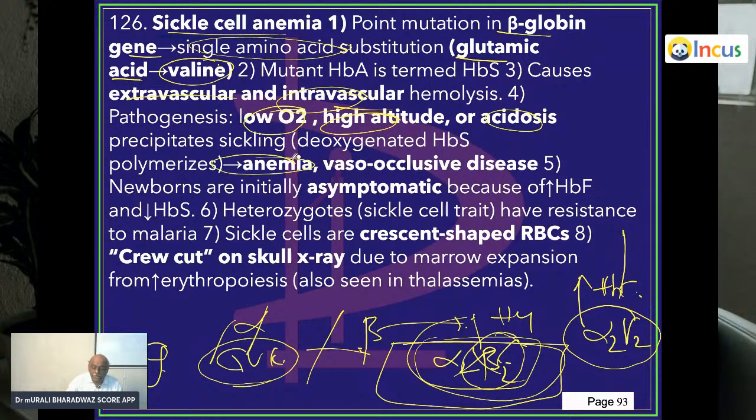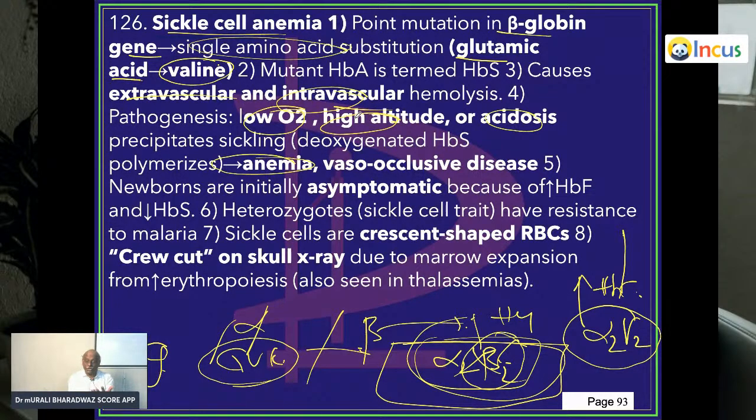And typically the deoxygenated sickle hemoglobin will polymerize, leading to anemia, and that leads to certain crises. One is called vaso-occlusive crisis. It will go to the vessels going to the penis, leading to priapism.